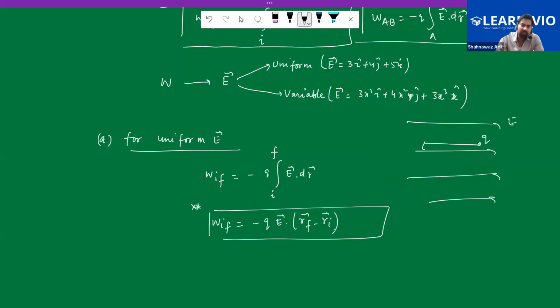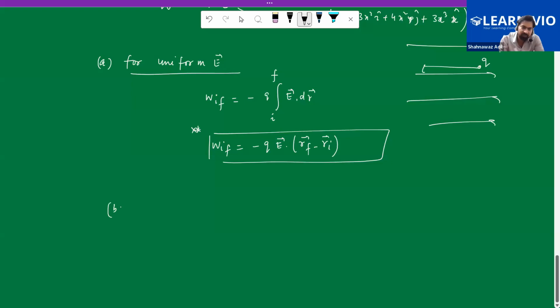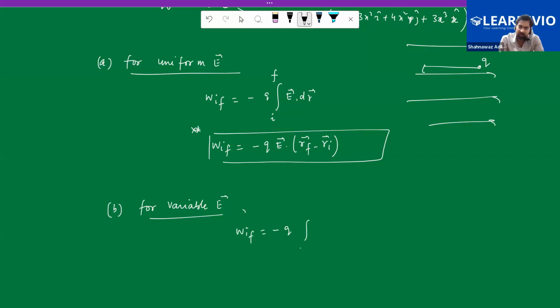So now let us do some questions based on this. But let us first understand what it would be for a variable electric field. For a variable electric field, this would be simply the integral from initial to final of minus Q, times the integral from initial to final of E dot dr. So these are the two things that we have to remember.